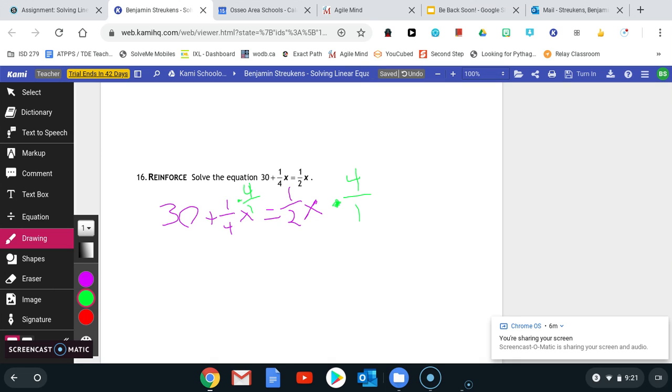So now what we have is 30 plus 1x equals 1 times 4 is 4, 2 times 1 is 2. So 4/2 x, which is actually going to come out to 2x.